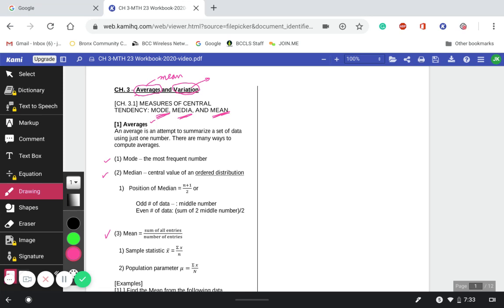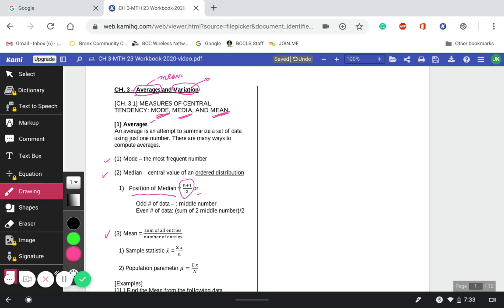But to get the median value, you have to know the position of the median. Since it is smack in the middle, you have to know where in the population data, or even sample data, the median resides. The formula to get the position of the median is n plus 1 divided by 2.